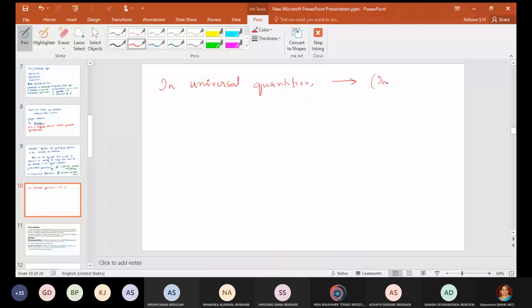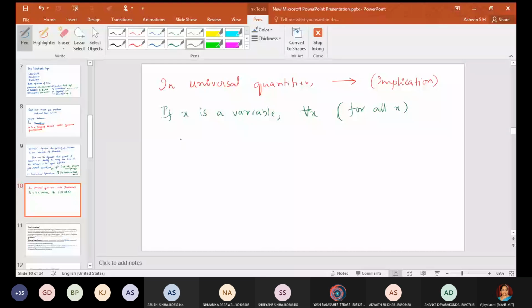Say if x is a variable, then you represent it like this: for all x. The meaning of this is for all x, for each x, for every x. That is the meaning. Let me take one example.